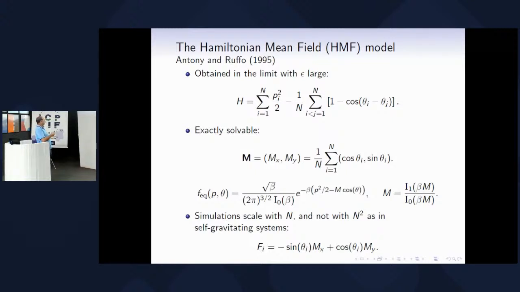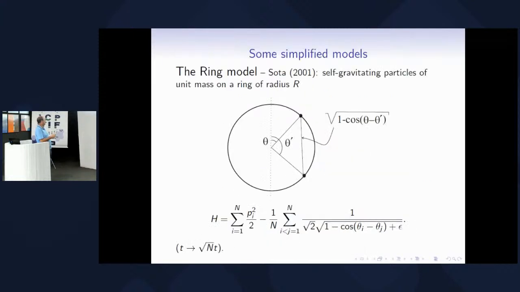Then we also have what we call the Hamiltonian mean field model that I will study in more detail in this talk. It is just a limit of this ring model. We can take a Fourier expansion of the potential and retain only the first term. Or we can think of it as making this small softening parameter become big.